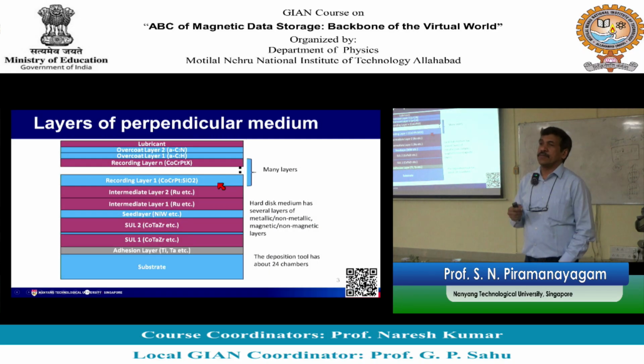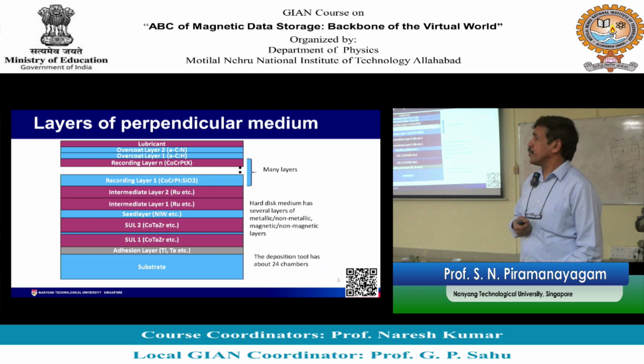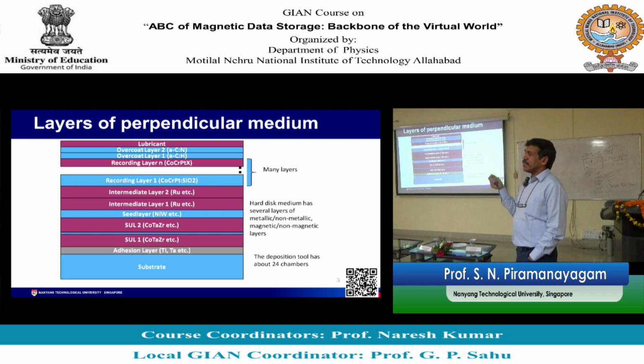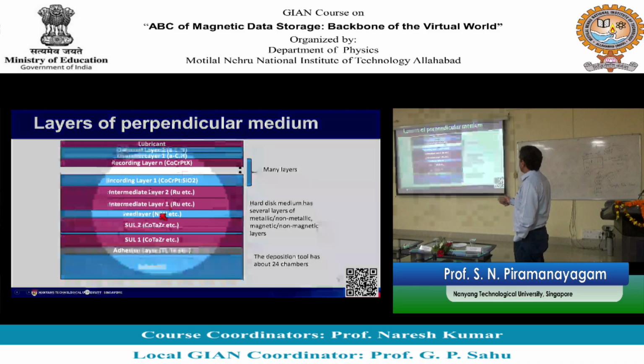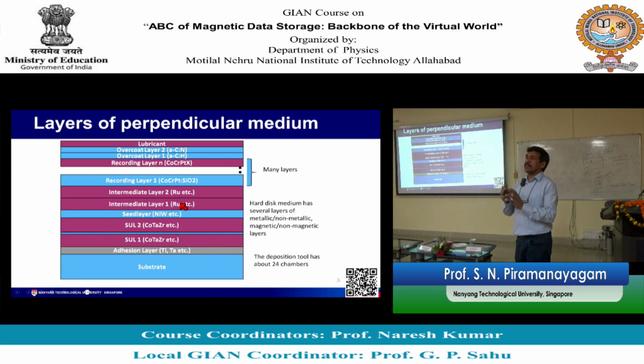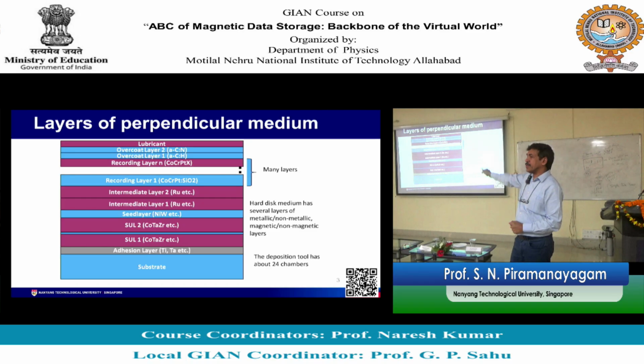So, for the next 1 hour I will explain to you why we need so many layers, what is the function, how these layers help and so on. To deposit all this, I told you the production system has many stations. So, the sample goes from one station to the other station.